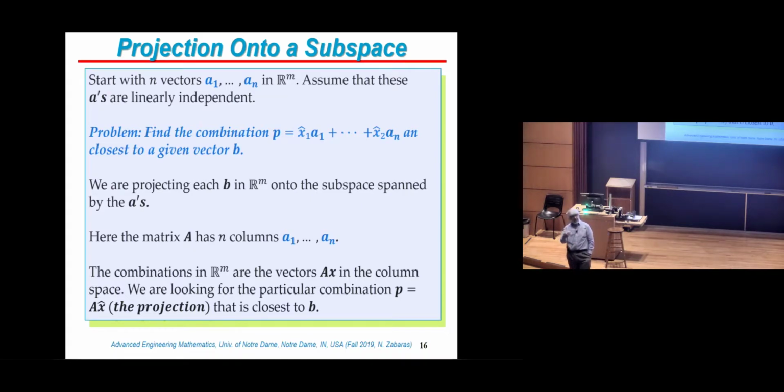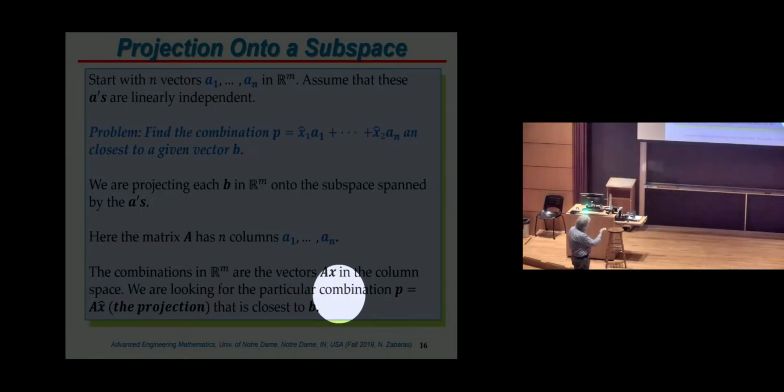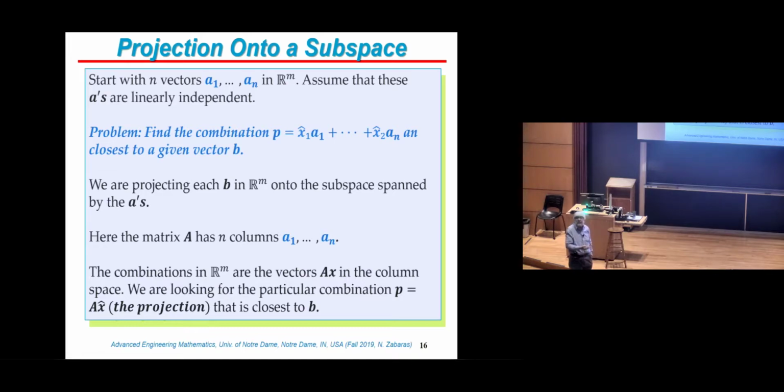Now, I have not said anything yet about orthogonality, so I have not used that. If I project to this point P, that is A x hat, can you tell me how much error I have? I started with B. I approximated it with some linear combination of the columns. So what is the error?